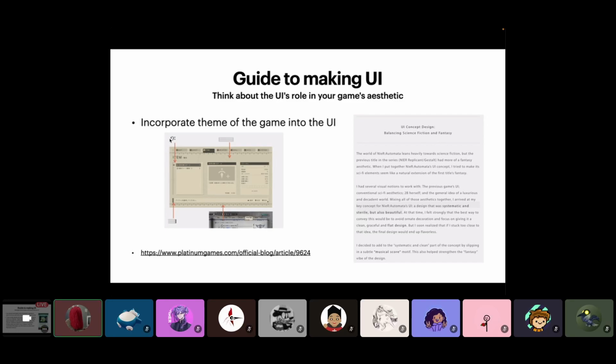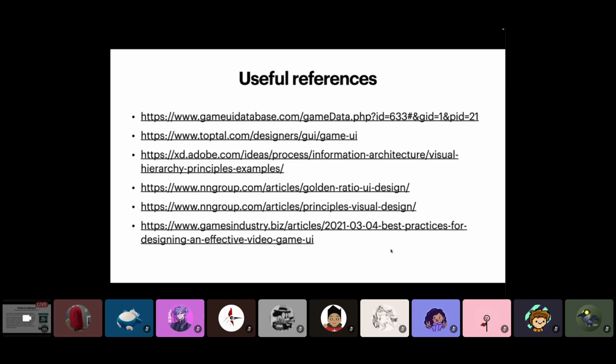So he incorporated some musical elements into the UI, and it made it look really graceful and simple, but at the same time not too flat and flavorless. It's an article that I enjoyed reading.